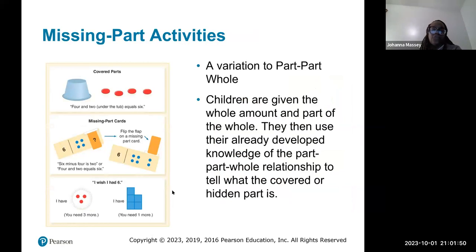We know that's 4, so 4 and the 2 that's under the cup equals 6. In your book, they have the games and the directions to the games. I want you to play a couple of those and jot it down in your notebook. Children are given the whole amount and part of the whole, and then they use their already developed knowledge of part-whole relationships to tell what the covered or hidden part is.